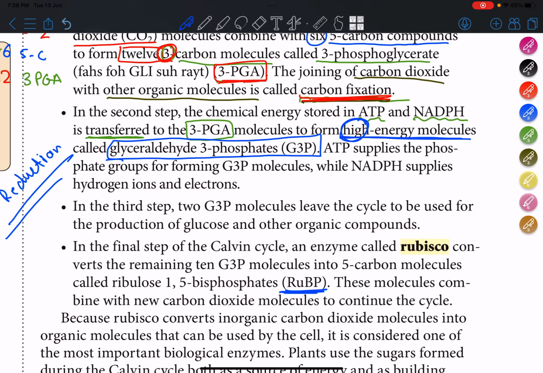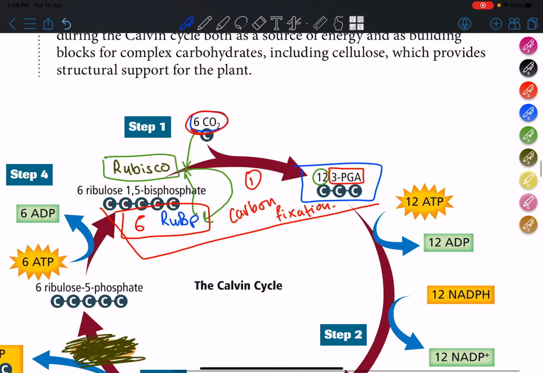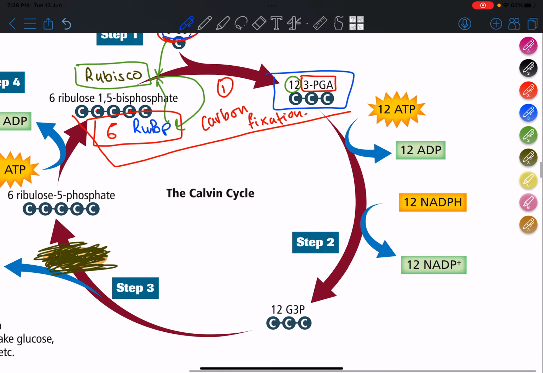So let's look at this here. What happens in this process is we will have 12 ATP. What the ATP will do is it will give one phosphate group. So ATP will lose the phosphate group. Once it loses the phosphate group, what will happen to ATP? It will turn into ADP.